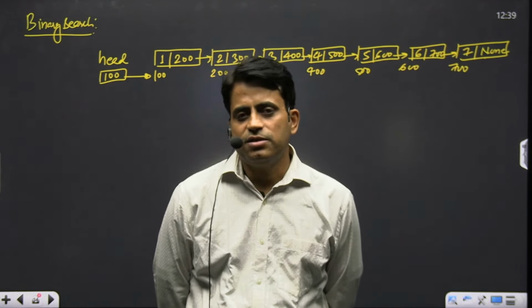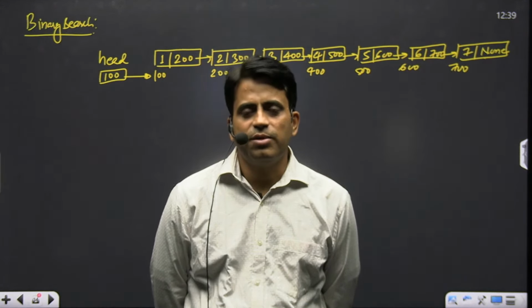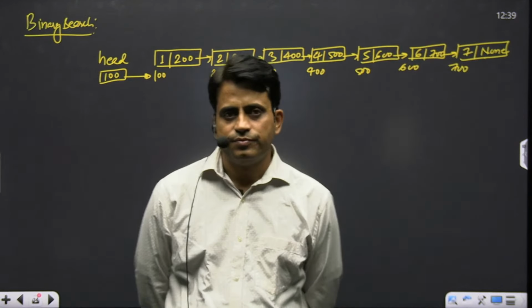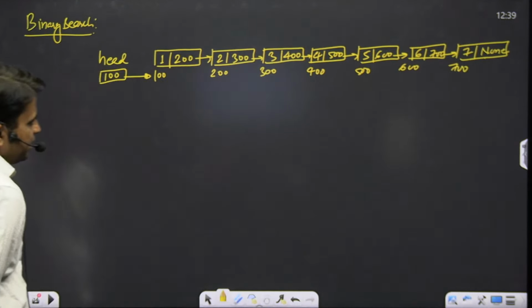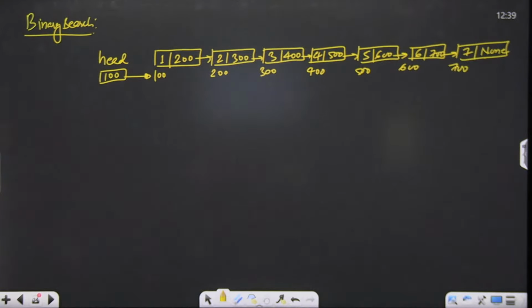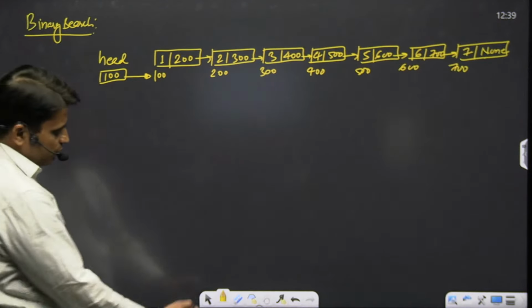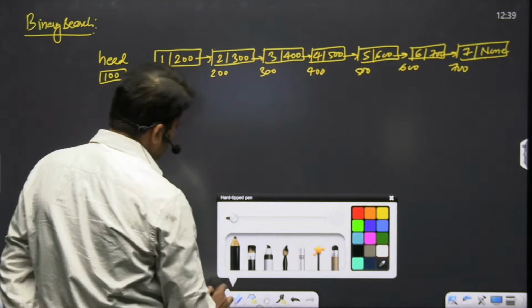Can I apply binary search on a linked list, or can we not apply binary search on a linked list? The necessary condition for binary search is that the list must be sorted. The linked list must be sorted. Definitely you can apply binary search, no problem at all, but the necessary condition is that the list should be sorted.